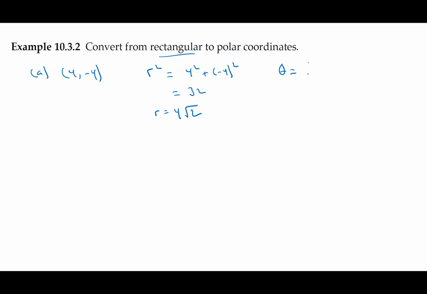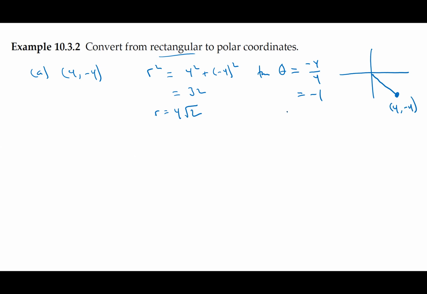Well, I know that tangent theta is negative 4 over 4, which is negative 1. But I want to be careful because I need to think about what quadrant I'm in, right? I'm down here in quadrant 4.